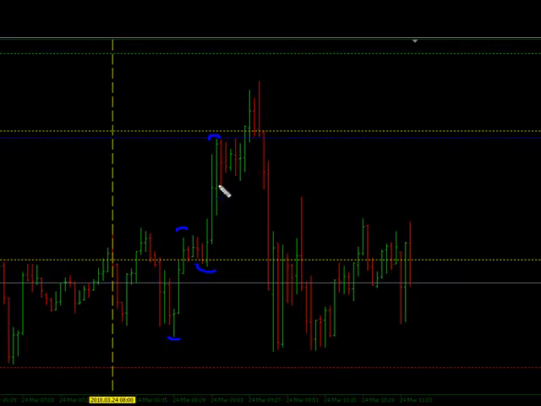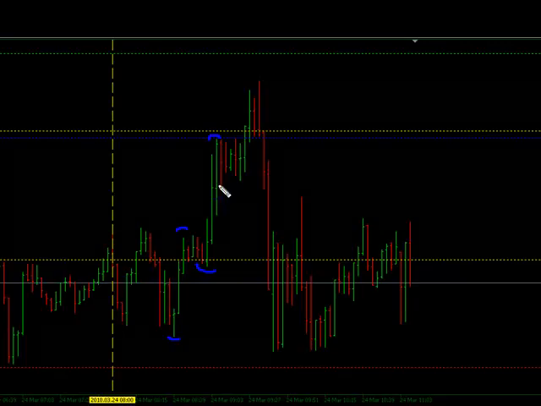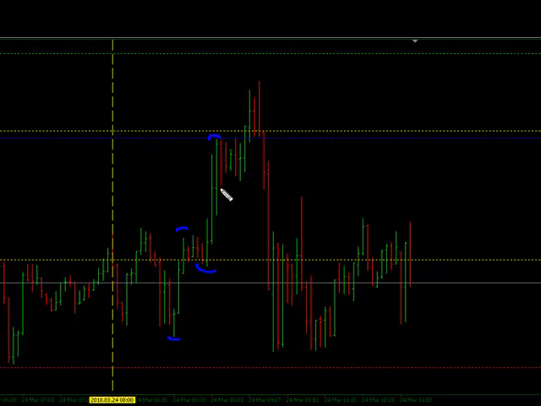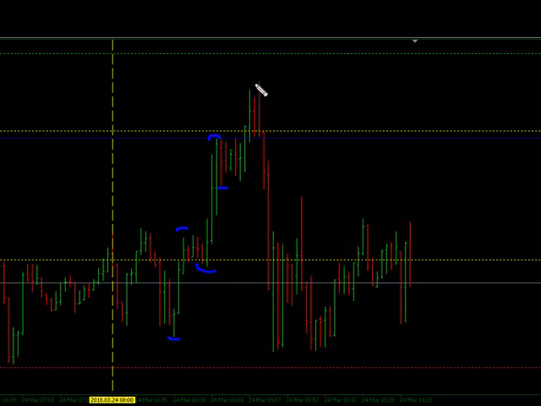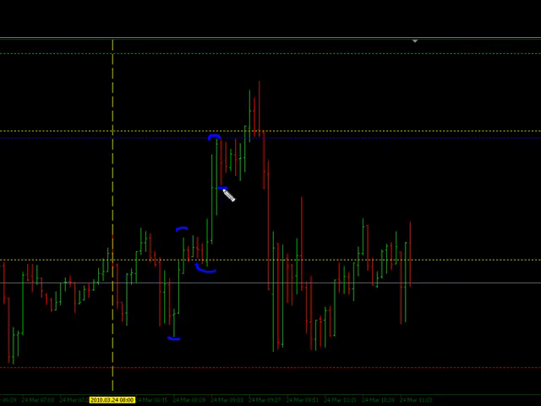Now I think I made a rookie mistake in my stops on this. The stop should have been, I believe, below the lowest part of the retracement once the pattern had been identified, the lowest part of the retracement before the trade triggers, which would have been around that level there.